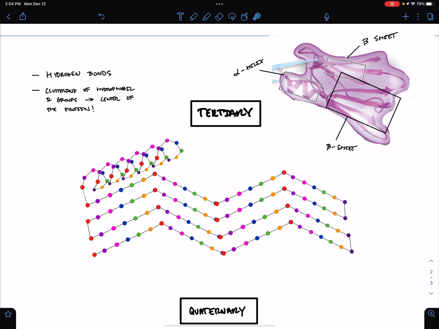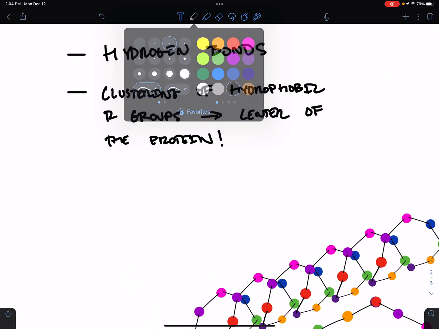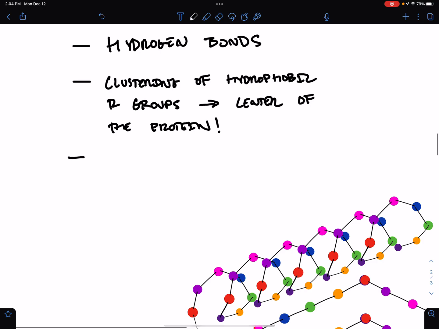So the hydrophobic R groups tend to end up in the center of the protein because it's a lower energy state for the water-hating side groups, the R groups, to be away from the water, whereas the outsides of the proteins are often studded with hydrophilic or charged or polar R groups. So, charged or polar R groups around the outside.